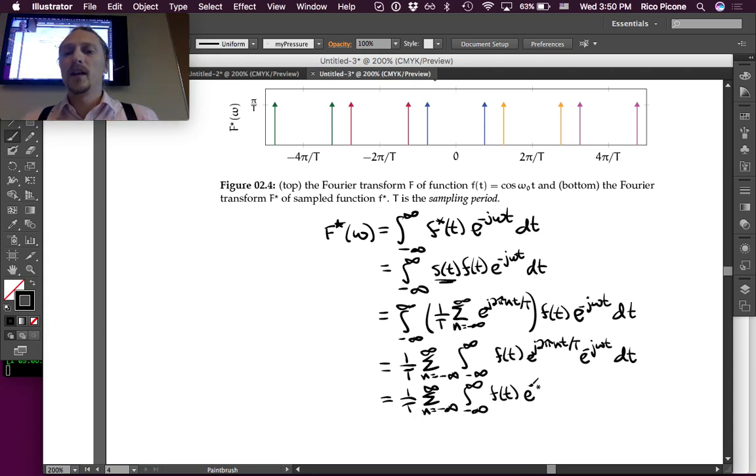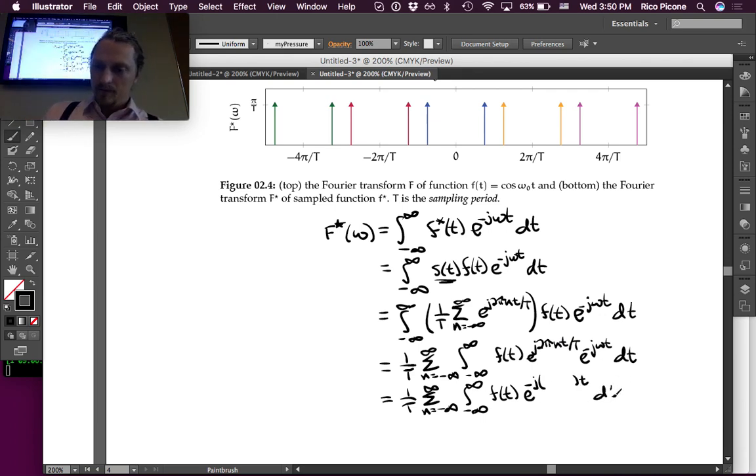We want this to be in the form minus j times something t, and then dt. Because if we can write it like this, then this integral will be the Fourier transform integral of f of t, with a shift in it. And in fact we can write this as omega minus 2 pi n over T. Didn't give myself enough space.